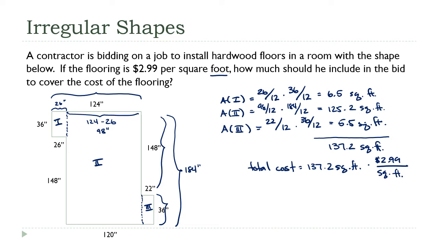Remember, this is our unit analysis method now. The square feet cancel, and you do the arithmetic. 137.2 times 2.99 comes out to $410.23, and that's it. That's my estimate of how much this floor is going to cost.